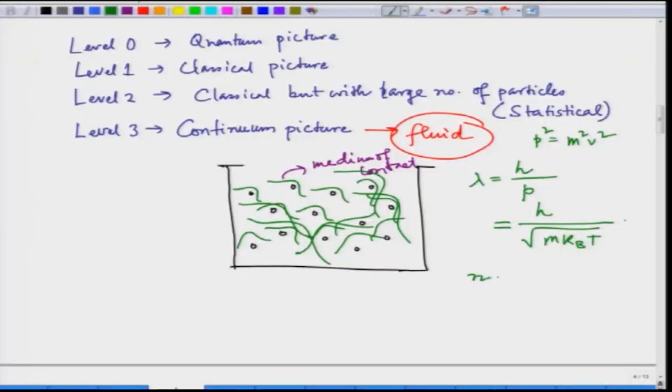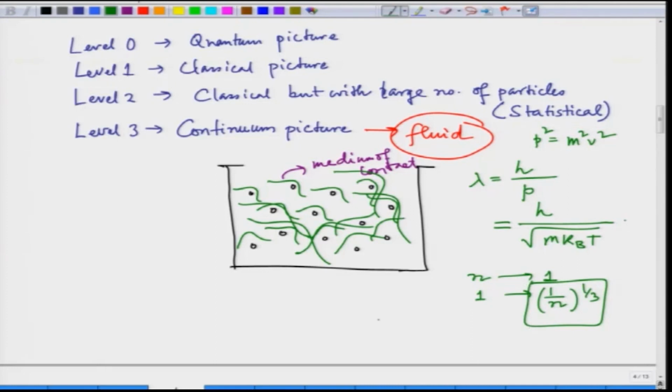That means n particles will be in unit volume. Then what will be the effective volume for one molecule? You all know, that is primary school mathematics, 1 by n will be the effective volume for one molecule. And then what will be the linear distance between two particles on average? That will simply be the cube root of this.